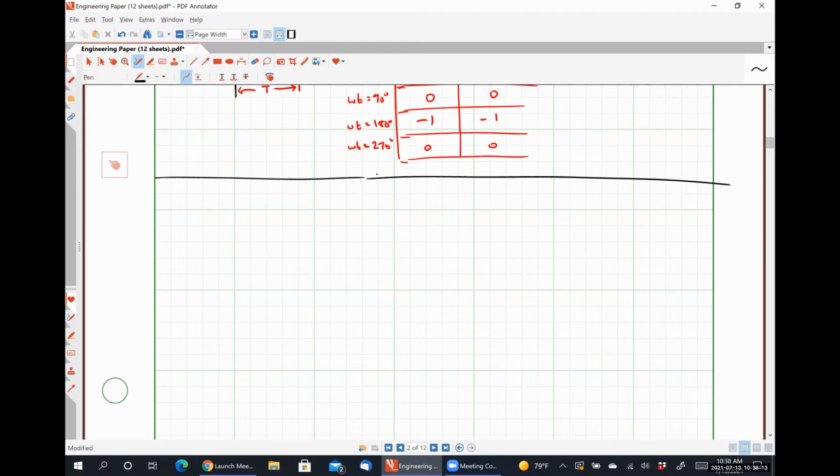I'd like to work a simple example problem here. Sorry, give me just a moment to find it in my notes.